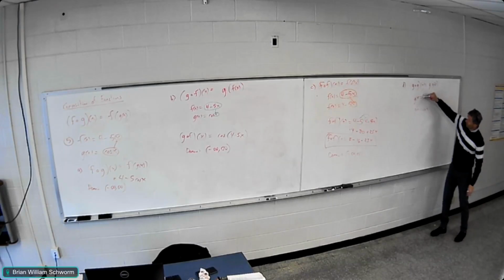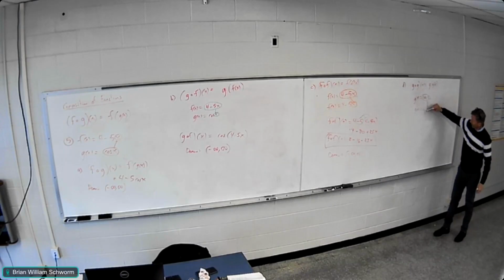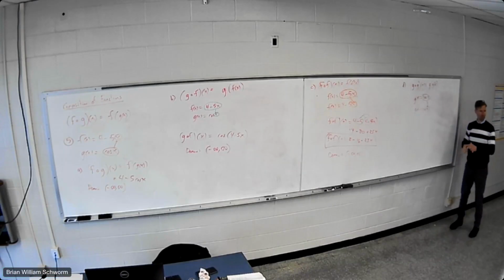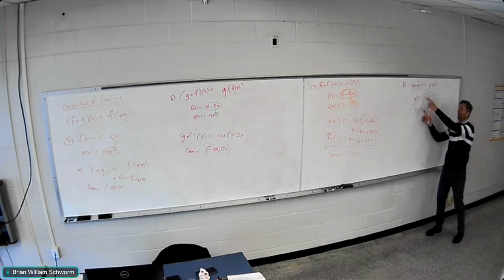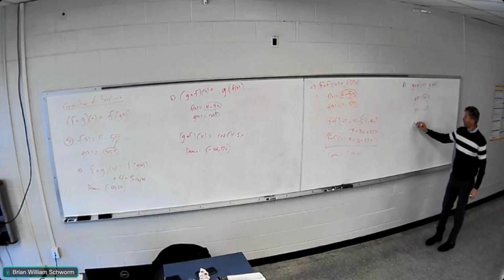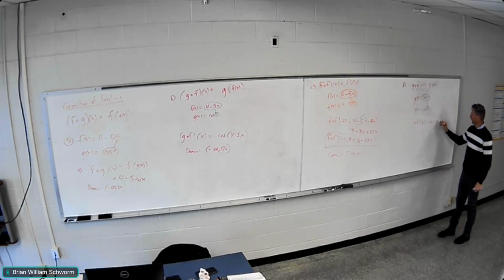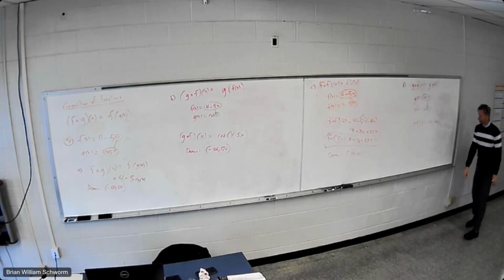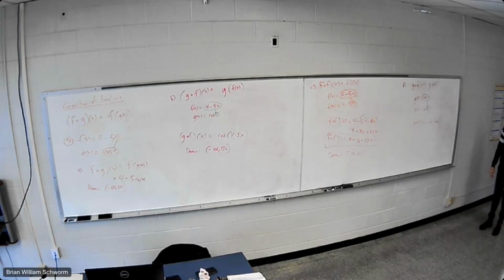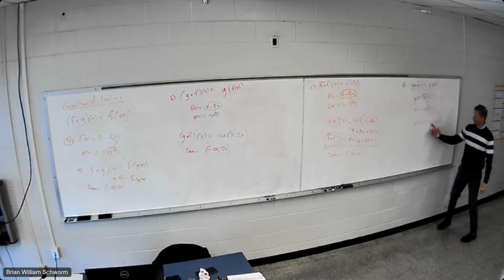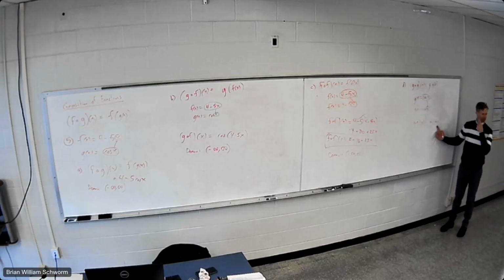So I'm going to take the G function, plug it in for the x in the other one. So I have cosine of the cosine of x. Can't simplify that, I think. So leave it like that.